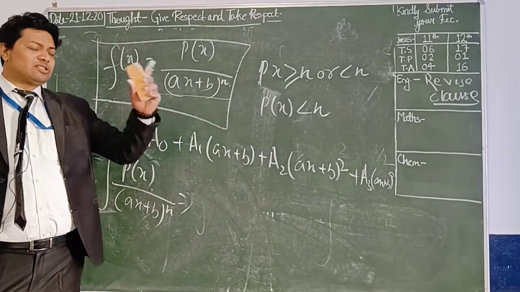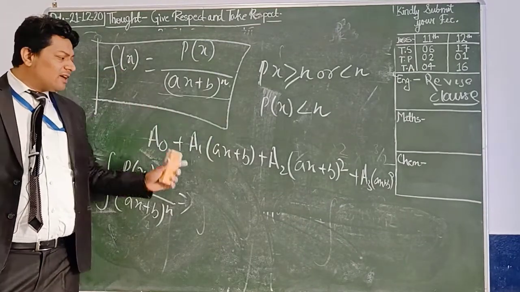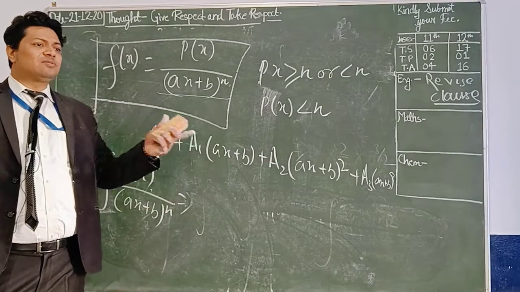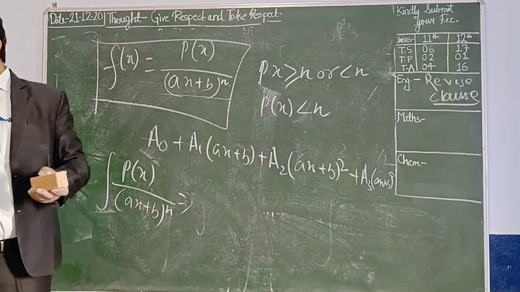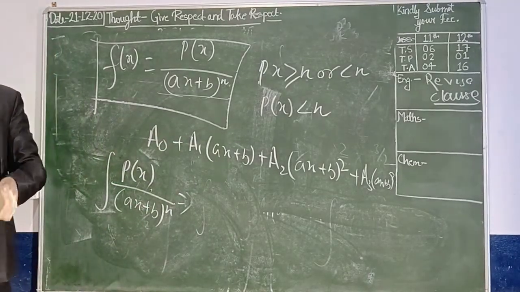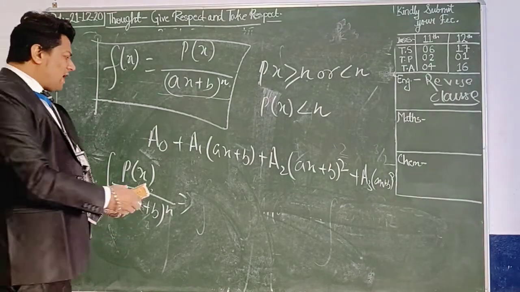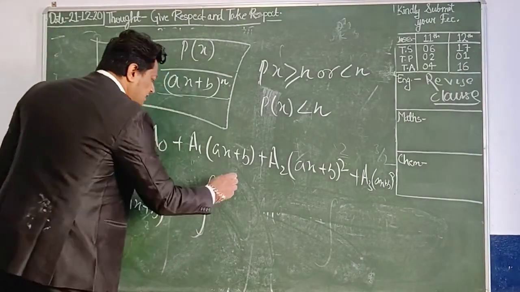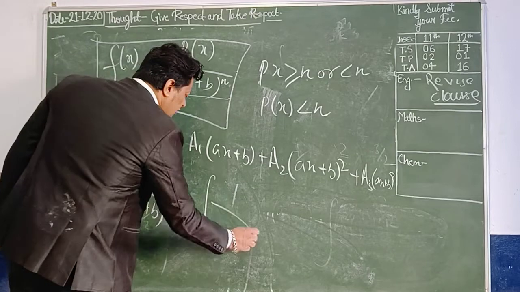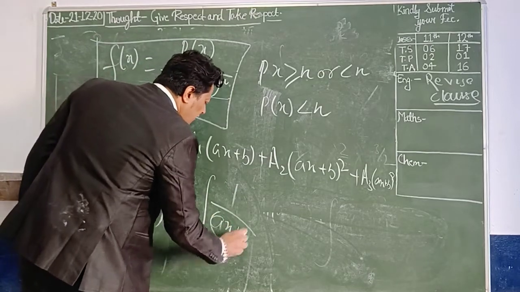I will tell how the question will come and how you have to write. When it will be less, then the px will be less. Is it clear? But when px will be greater than or equal to n, is it clear? When px is less than n, you are writing ax plus b power n like this.